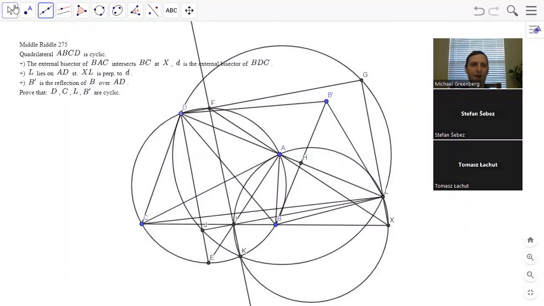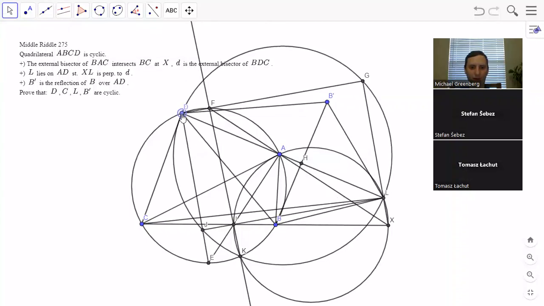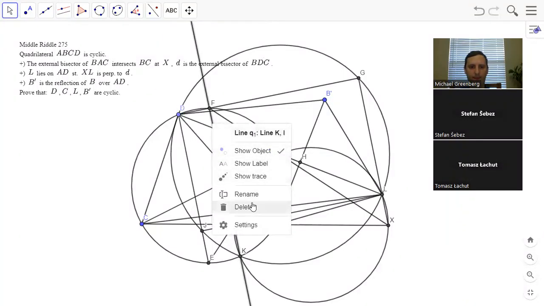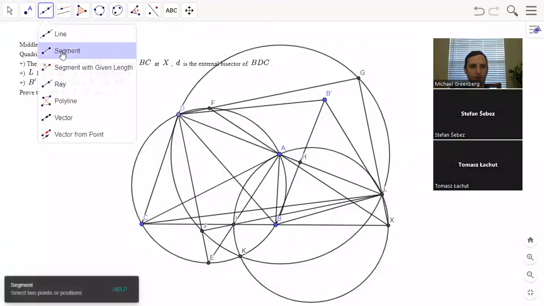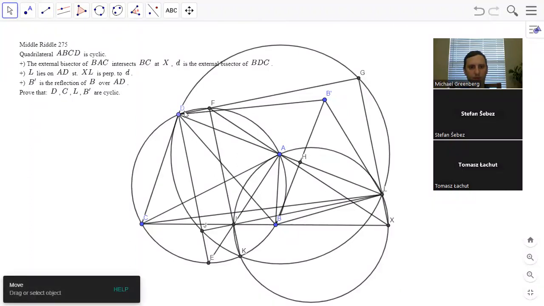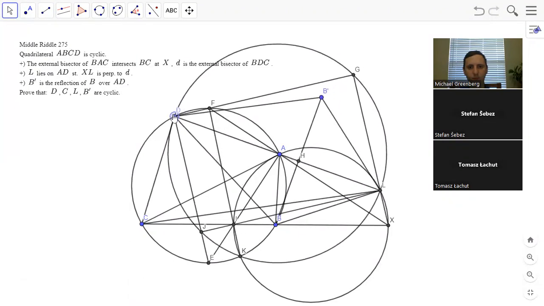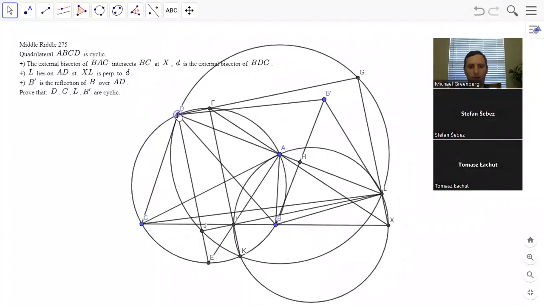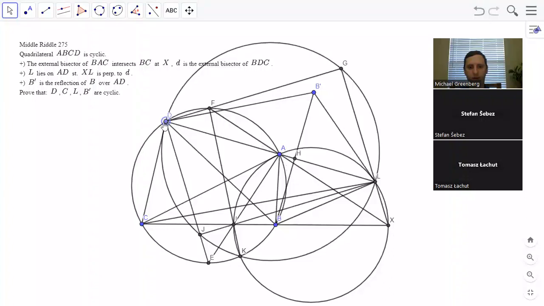It looks like KI and F are also collinear. So we have a lot of stuff. Okay, so these aren't rectangles, but those are collinear.